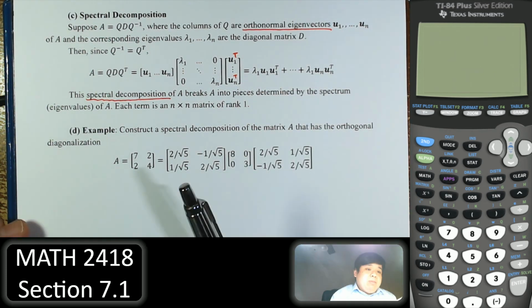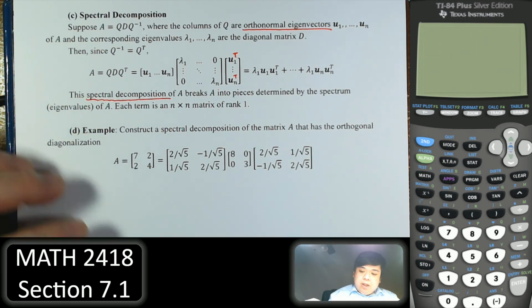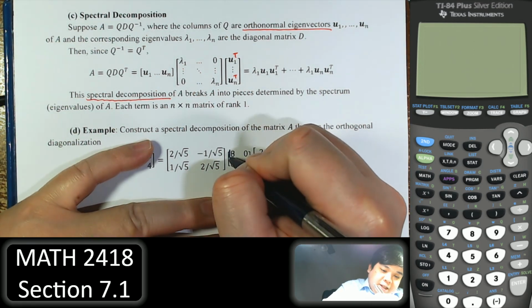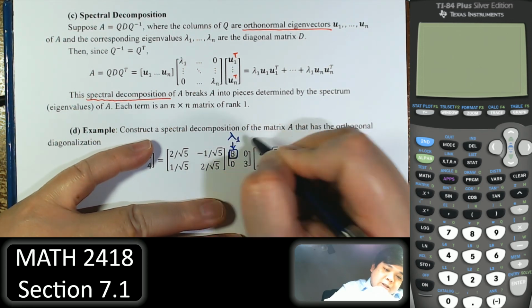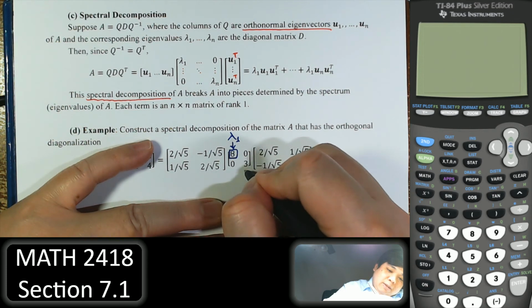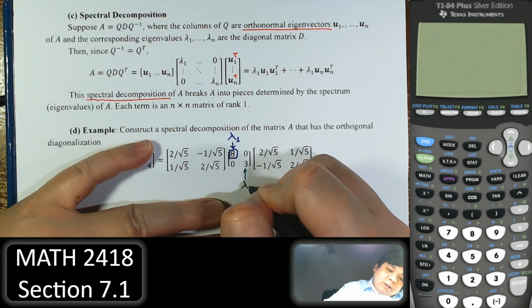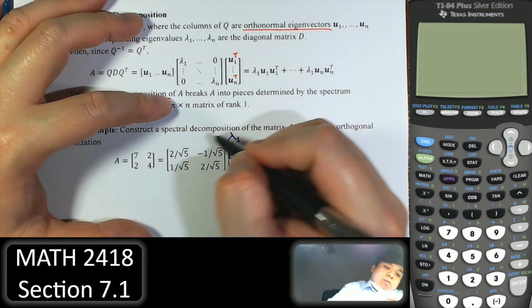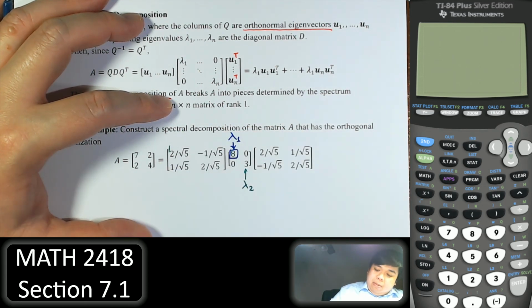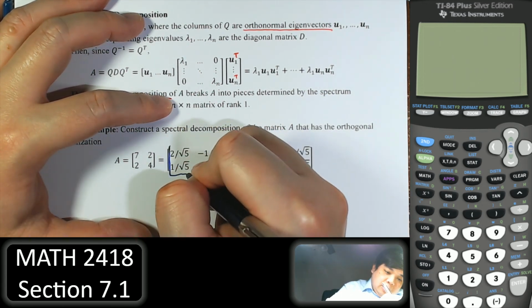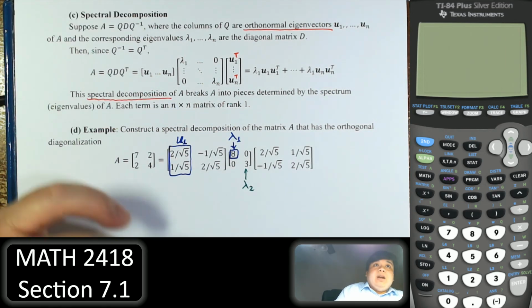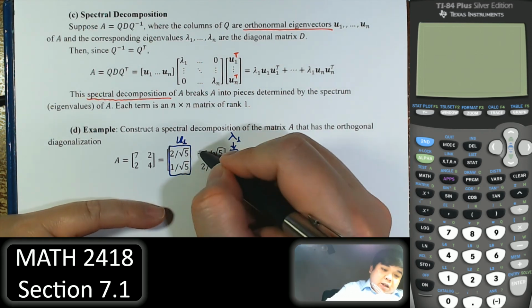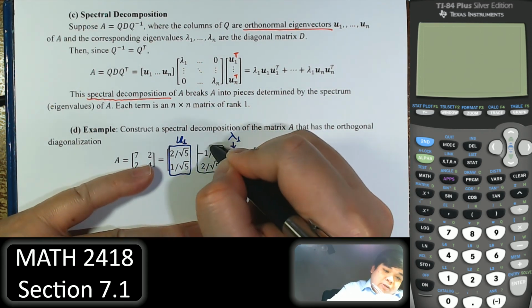Right, now we have an example here. Now let's construct the spectral decomposition. In this case, this is lambda 1 and this is lambda 2. Corresponding to lambda 1 is eigenvector u1, and corresponding to lambda 2 is eigenvector u2.